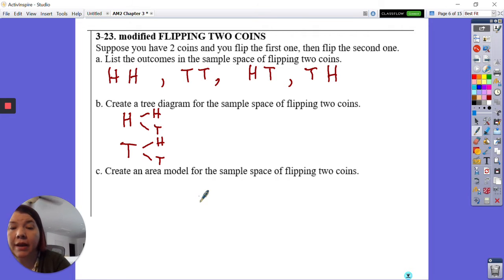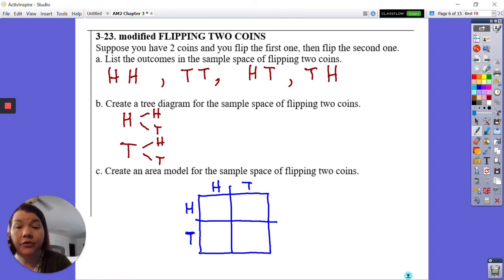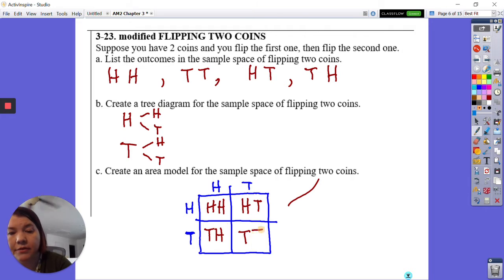And then we're going to create an area model. So this is what we were doing in class, the area model. So we've got heads, tails, because those are my two things, what they can do. As I multiply through, I've got heads, tails, heads, tails, because heads goes first. Heads, tails, heads, and tails.